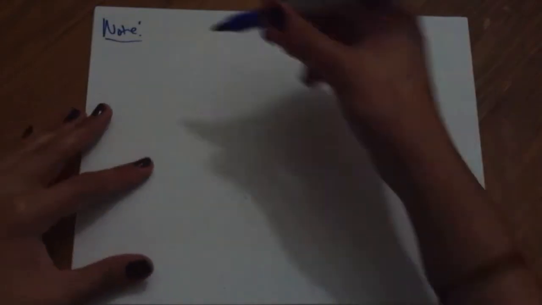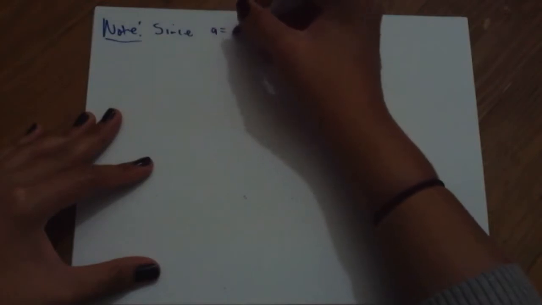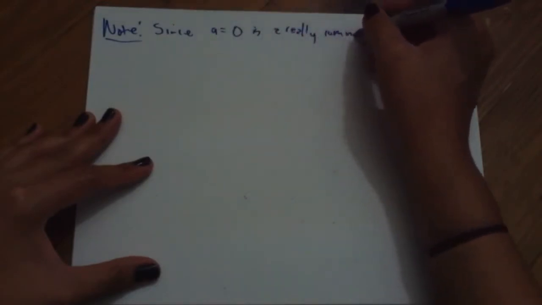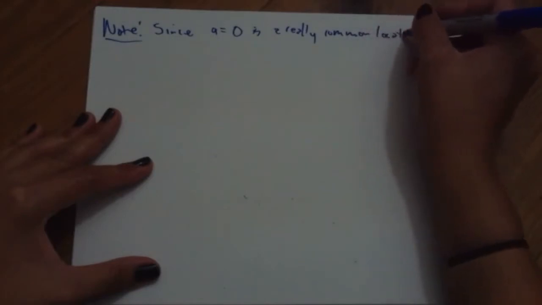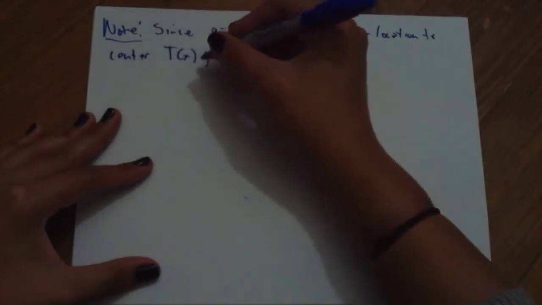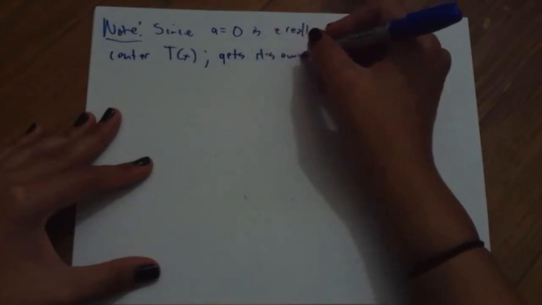Since we do it so frequently, it gets its own name. Since a equals 0 is a really common location to center things, this case gets its own name.